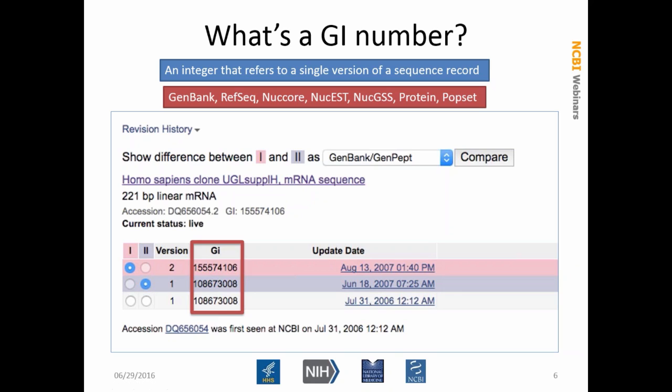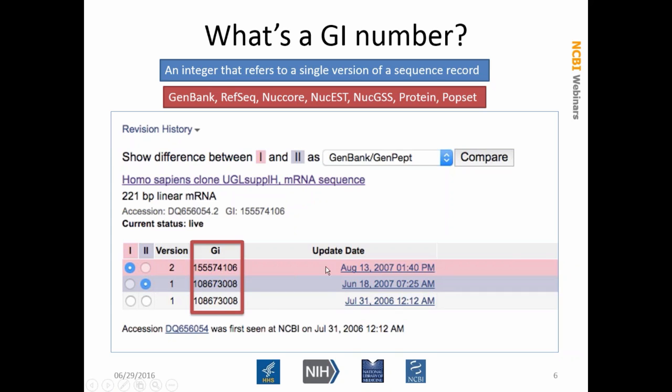Because if a sequence record changes the sequence data, if the sequence data itself is updated, the GI number will shift. So what's happened with this record, it came in 2006, there was one update, but the GI number didn't change. That's because the update wasn't to the sequence. It could have been to the author list, it could have been to an added publication, it could have been an editorial change or a new annotation, but the sequence itself didn't change.